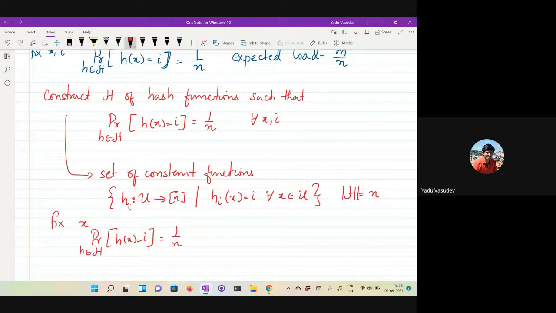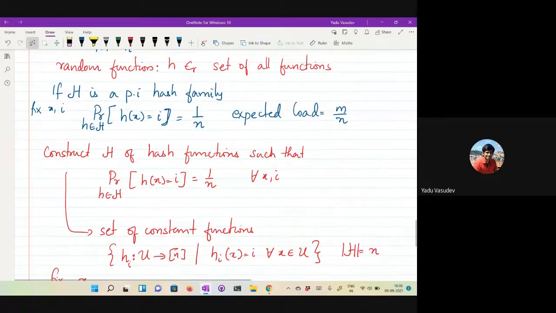As hash functions they are bad, but as far as uniformity is concerned, they work very well. So the pairwise independent hash family is uniform, because of which the expected load is just m over n. The expected behavior of this two-universal or pairwise independent hash family is exactly as though it were a random function.